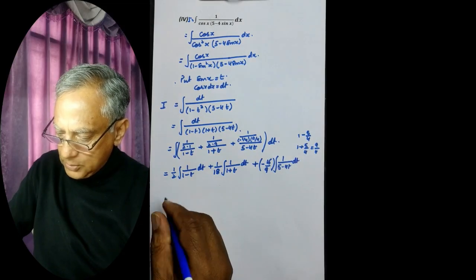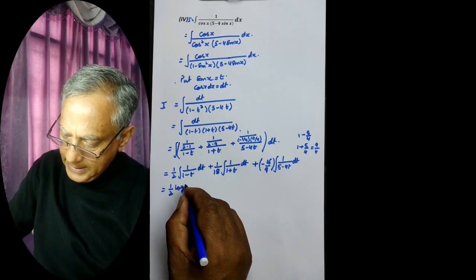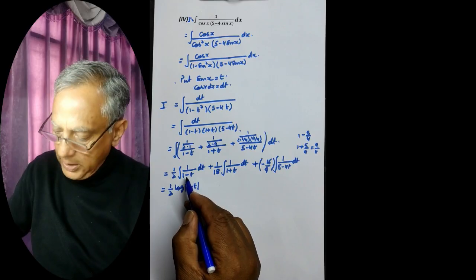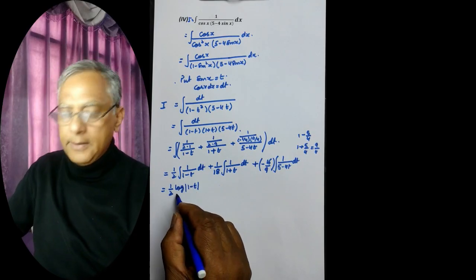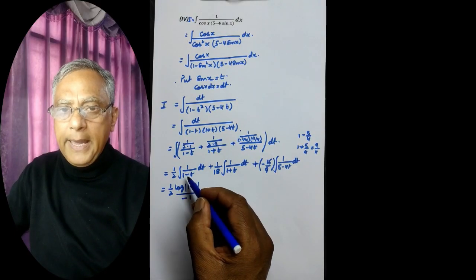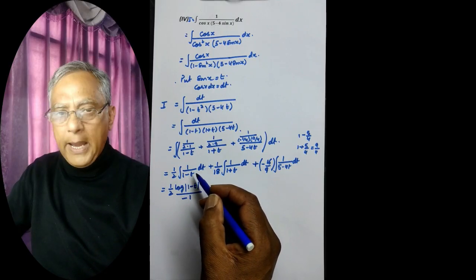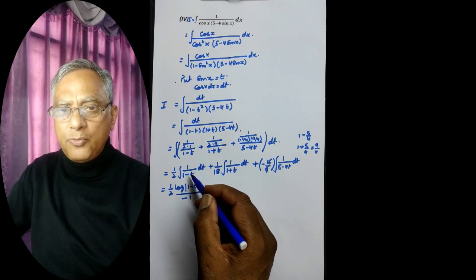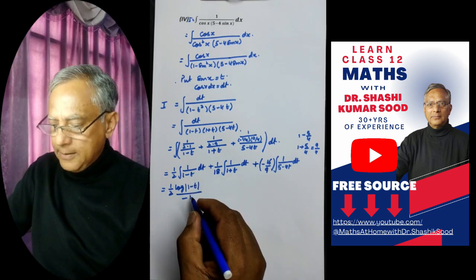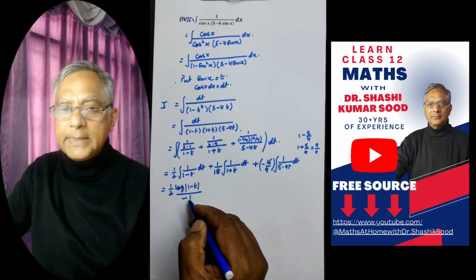So what we get is 1 by 2 log of 1 minus t. But here the coefficient of t is not 1. It is minus 1, so we must divide this by minus 1. Whenever a formula for x is used for ax plus b, we divide by a. So here a is minus 1, so we must divide by the coefficient of x, that is the coefficient of t in this case.